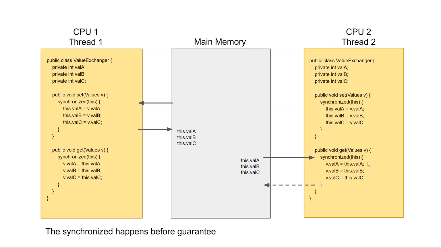So in other words, none of the reads here of these variables here could be moved or reordered to happen before thread 2 enters this synchronized block over here. And that would also be true of reads that happen after the synchronized block here. They cannot be reordered to happen before this synchronized block here is entered.